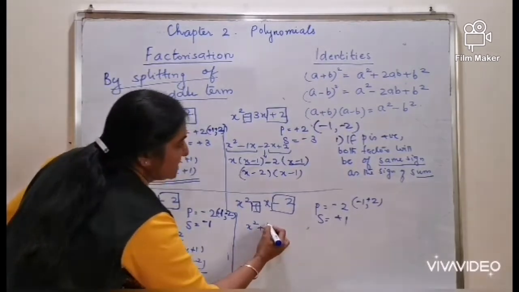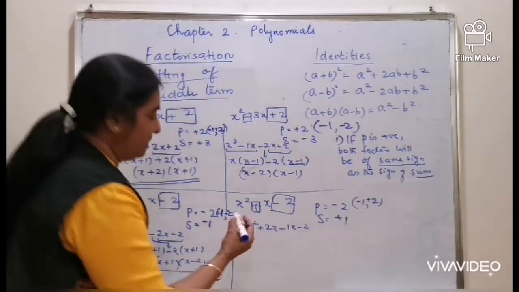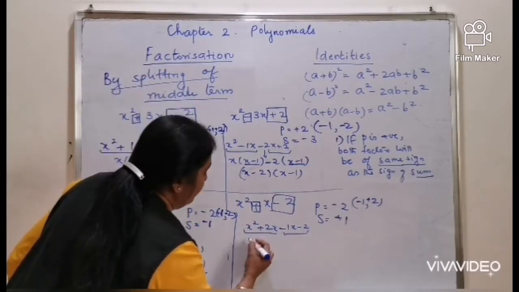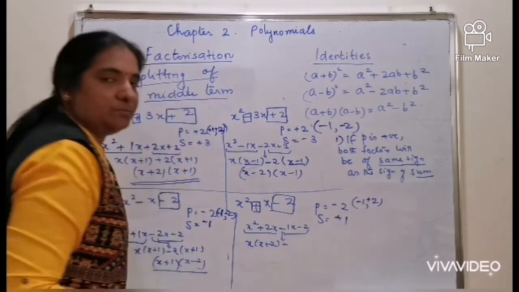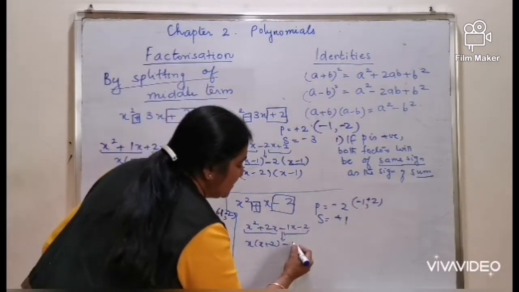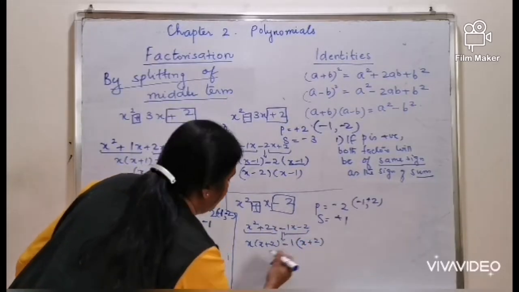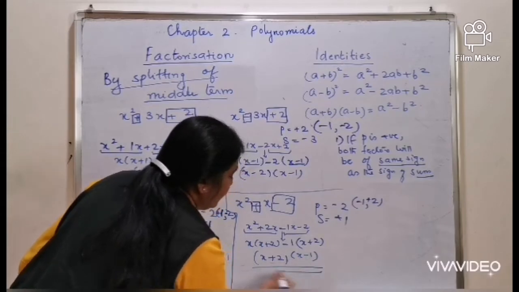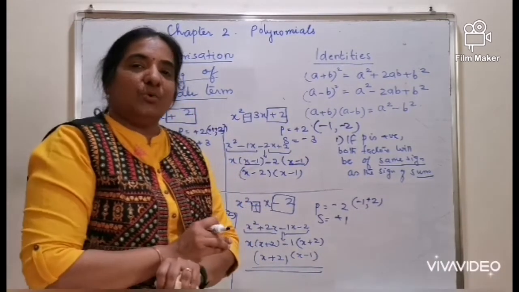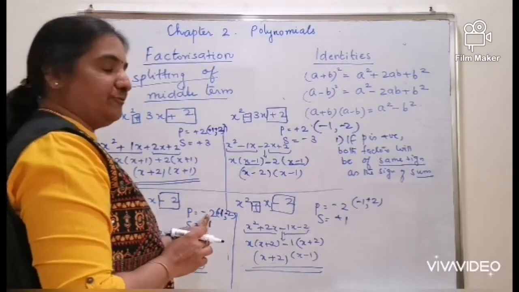X square plus 2x minus 1x minus 2: x into x plus 2. Bring the same sign down. The common factor is only 1, you can take it as 1, x plus 2. So the factorization is x plus 2 into x minus 1. So what is the general rule if the product is negative?